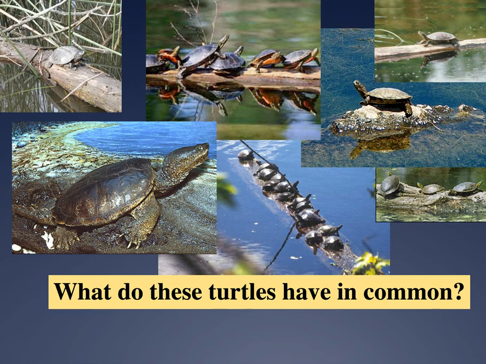Well, if you think about it, and the point of the slide, what the turtles are trying to do is capture some of the heat from the sun. And so at 9 in the morning, they're probably going to be lined up on the west side because the sun's coming from the east in the morning. In fact, I've gone out fishing before and seen turtles all lined up on logs just like you can see them here.